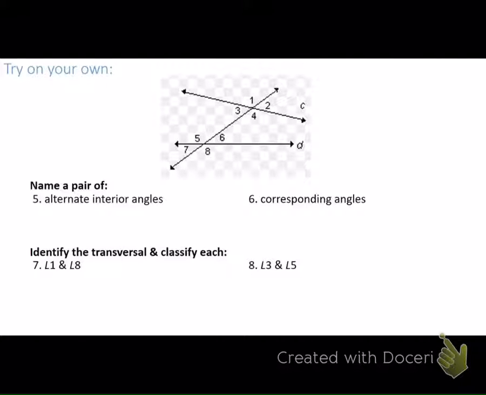So 2 and 3 were good for the alternate part, right? But they weren't both inside. Do you see that? So 4 and 5 are better. We're using this line here that doesn't have a name as our transversal, this green line here. So you said 4 and 5, right? Or did you say 3 and 6? 4 and 5? So 4 and 5 are opposite on the lines, and they're inside C and D. So 4 and 5.